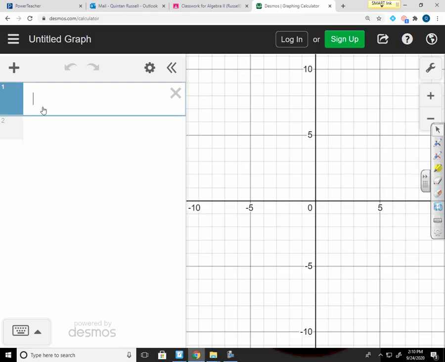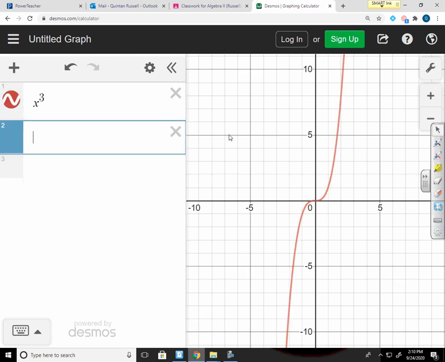So because I know that this is a cubic function already, I can type in x to the third.